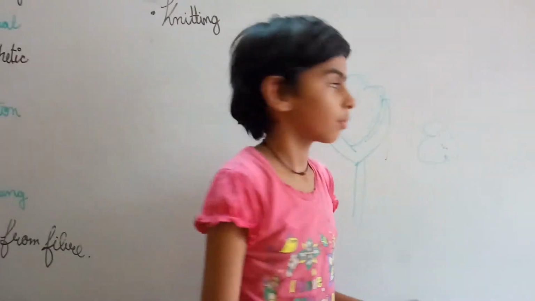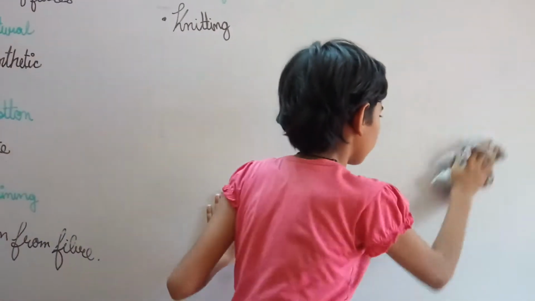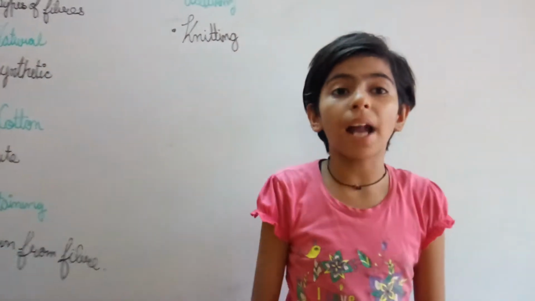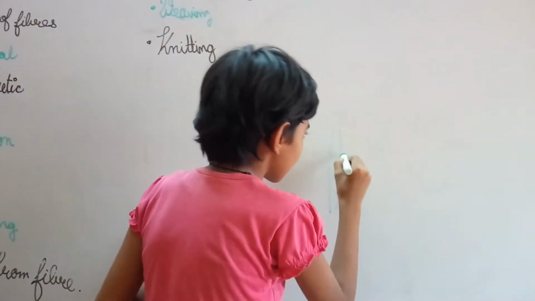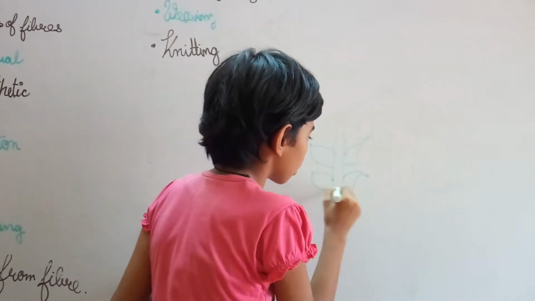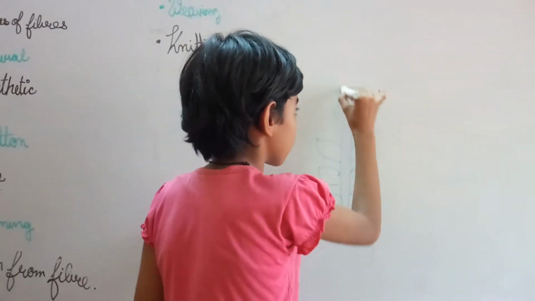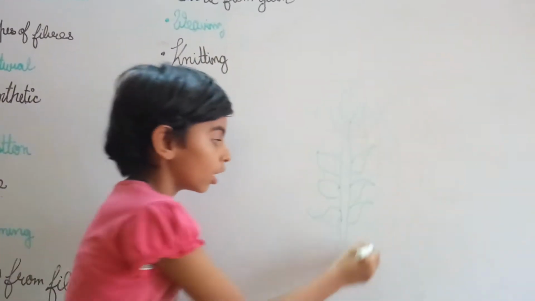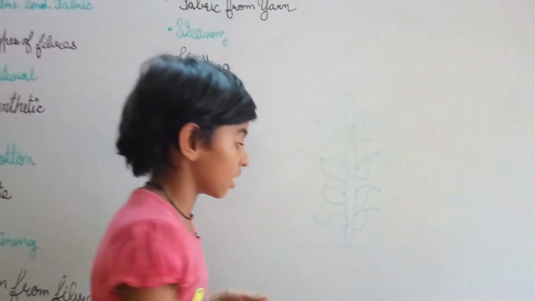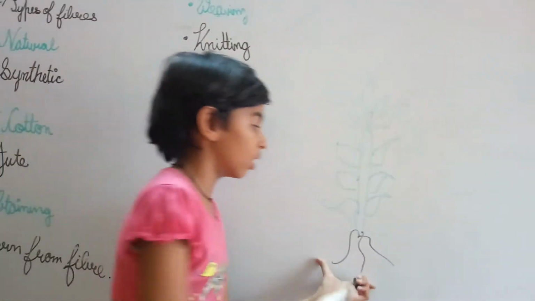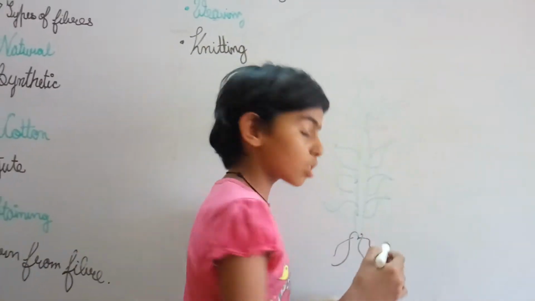So now jute. Jute is a woody plant which grows well in alluvial soil in the region of the Brahmaputra and Ganga rivers. When the jute plant is in the flowering stage, it is separated from the roots of the plant.